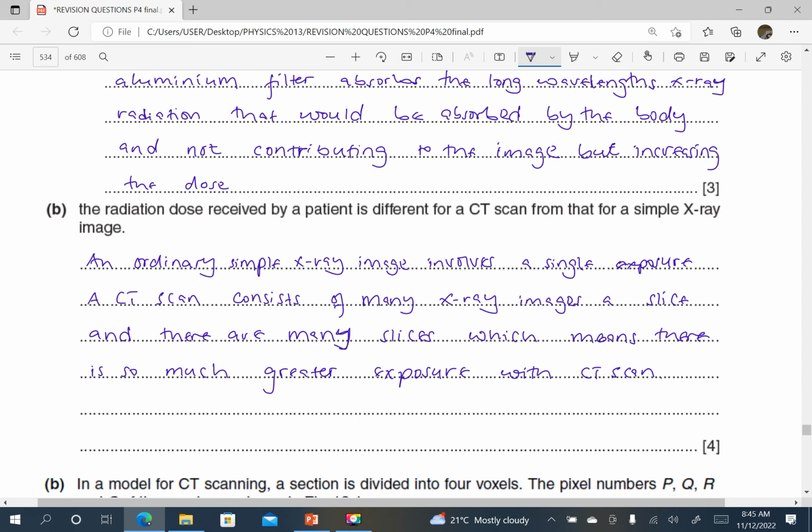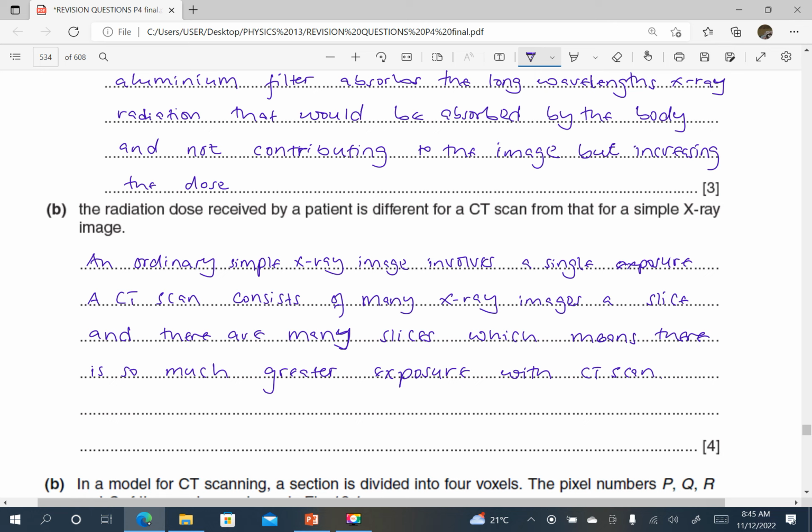So remember, to form a three-dimensional image during a CT scan, a series of X-ray images of a single slice are taken from different angles, and these images are always in the same plane, and therefore they are combined to form a complete two-dimensional image.